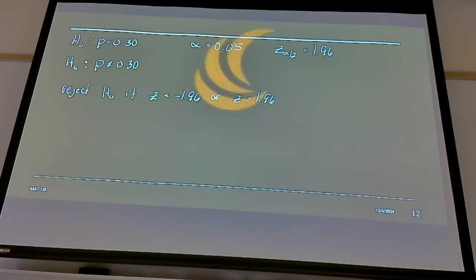There's a much better way to represent that. On the test, you're going to tell us which value to use.